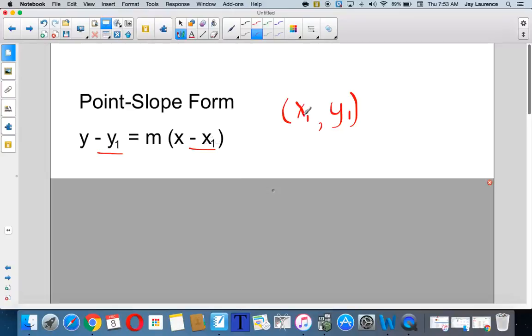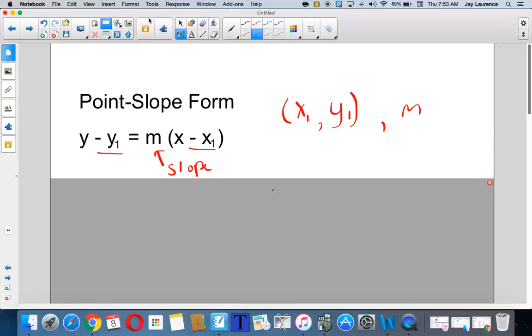So that means x sub 1 is actually a positive, right? Remember? Okay. And the same with the y sub 1. Now, what's m? Well, you know m. M is slope, right? And so we don't need the y-intercept to graph, we could use any point and the slope, and that would allow us to get the graph as well.